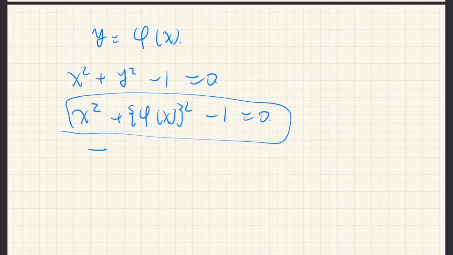So let's write it using F: F of x and phi of x equal to 0.